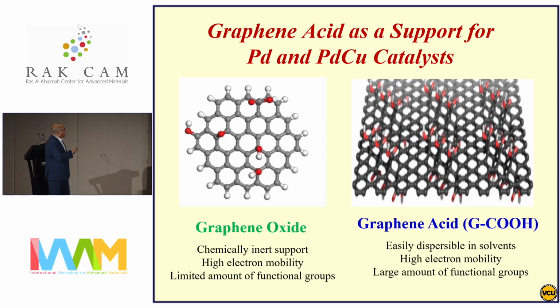And the functional groups here are mostly OH, epoxy groups, and some carbonyl groups, and very little carboxylic groups. Graphene acid is characterized by having mostly carboxylic groups and an overall higher concentration of functional groups than graphene oxide. The way to make graphene acid is to start actually from graphene cyanide.